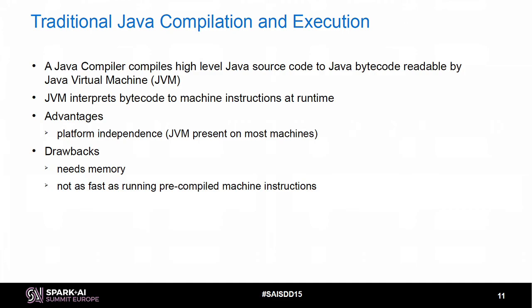The source code is compiled into bytecode, and then the bytecodes are interpreted by the Java virtual machine. The benefit is platform independence. The drawback is that running bytecodes is not as fast as running pre-compiled machine instructions.